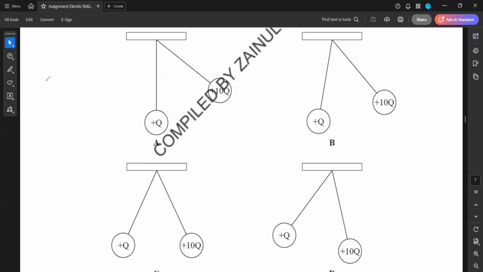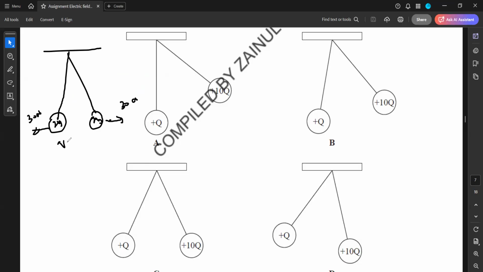And in the question, both have the same masses. For example, if this is 2 kilogram and this is also 2 kilogram, and each experiences a force of 30 Newton, even though one charge is Q and the other is 10Q, their mass is the same and they have the same force on them. So they will have the same displacement from the mean position. That is why C will be the right answer.